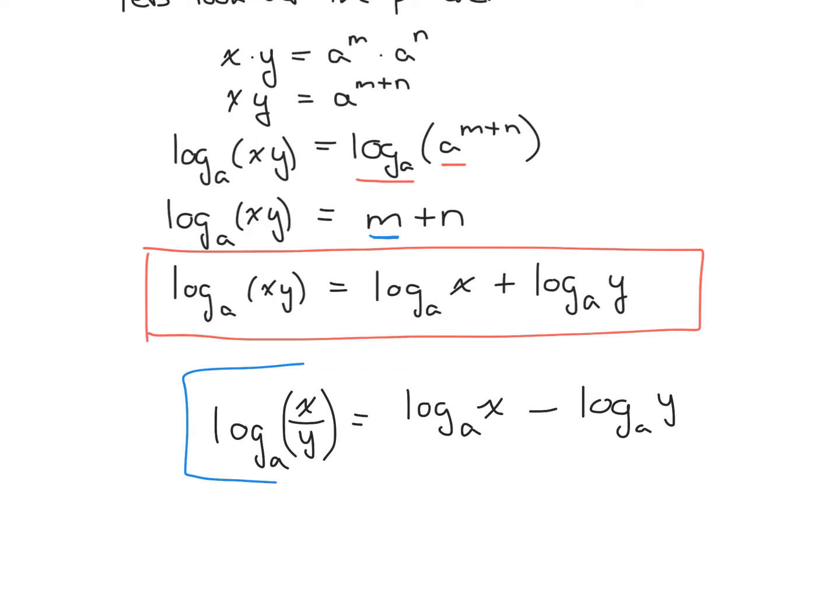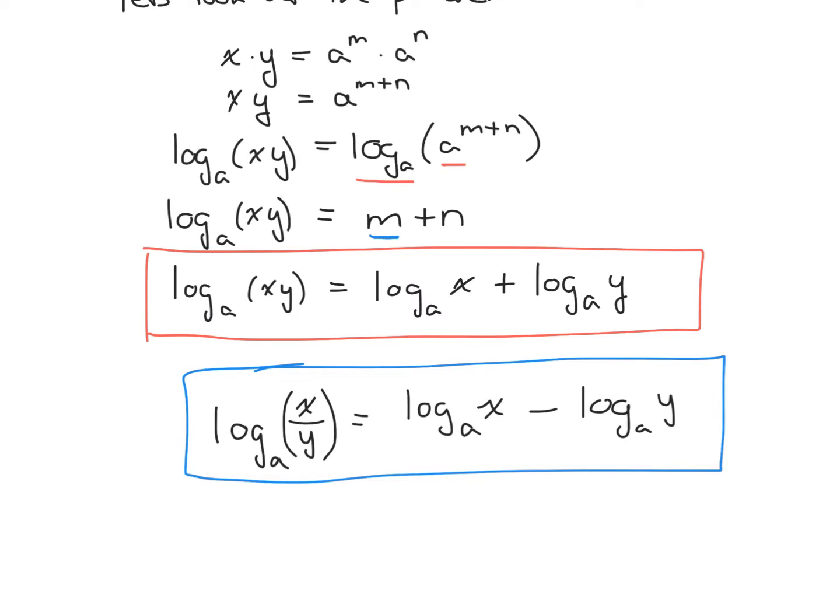So it will actually be the subtraction of those two. And remember, what do we do with exponents when we're dividing powers of the same base? We subtract the exponents. And herein lies the quotient law of logarithms.